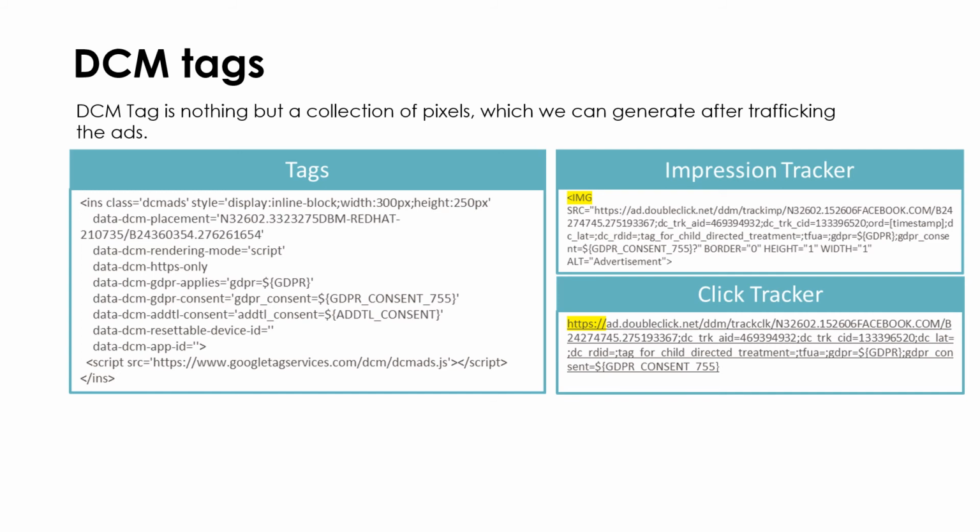There are two types of tracker, impression and click. If I want to track the impression only, we can send the impression tracker. If we want to track both impressions and clicks, we can send the impression as well as the click tracker. Once this is implemented there, we'll be able to track both of them.